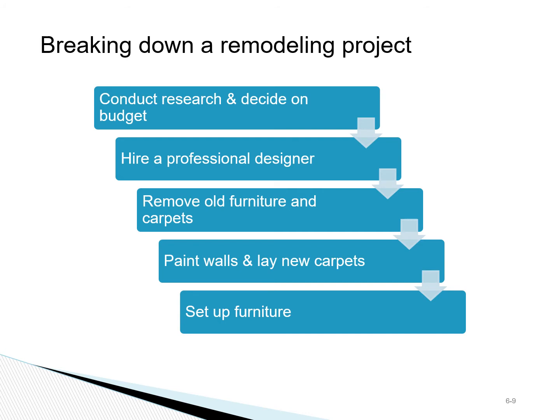Then we take that design and execute it, and we remove the old furniture and carpet, and we paint the wall and lay the new carpet, and then we bring the new furniture in. So these could be the major pieces of a remodeling project.